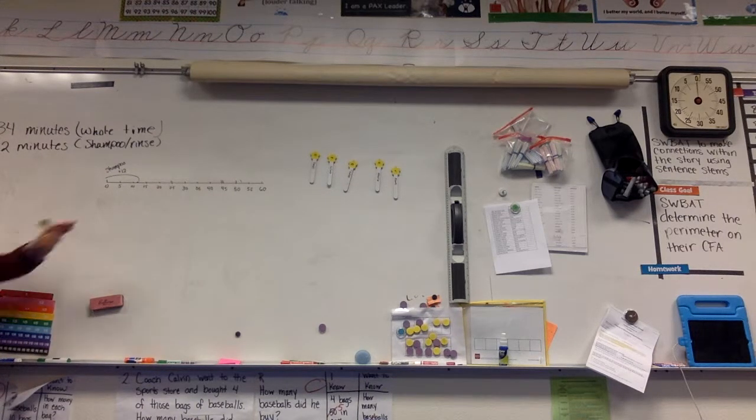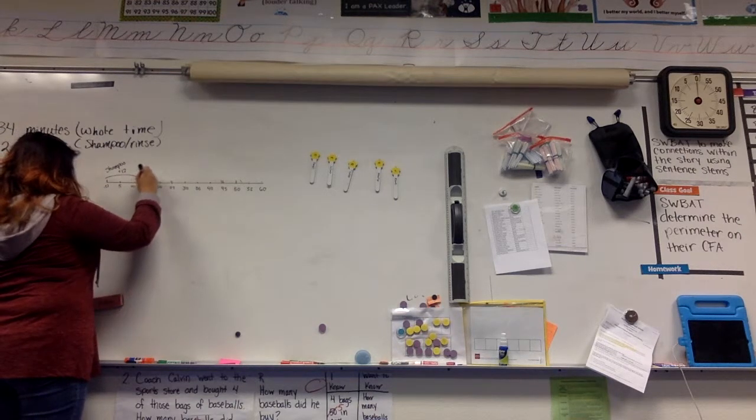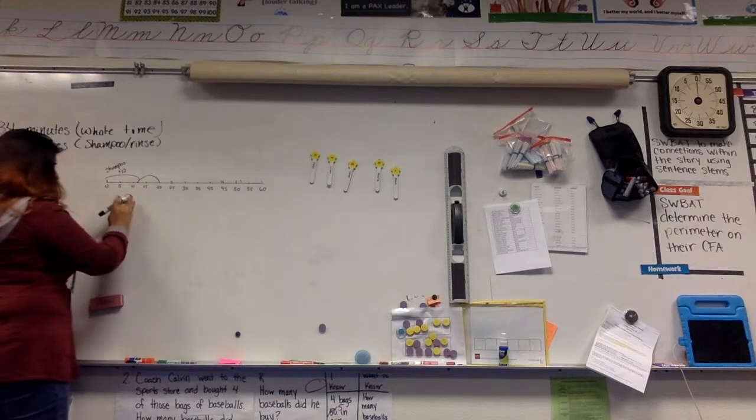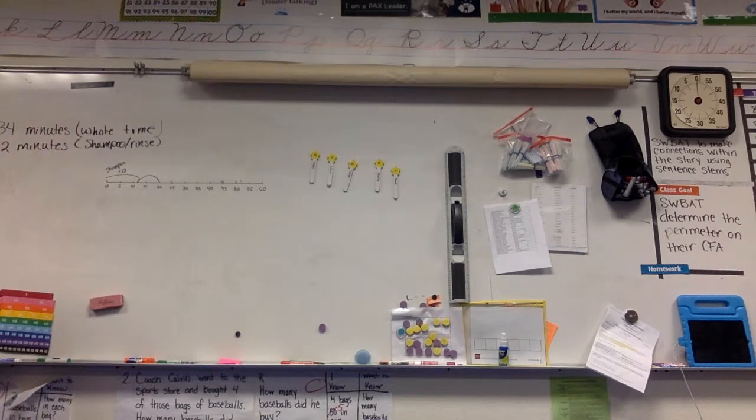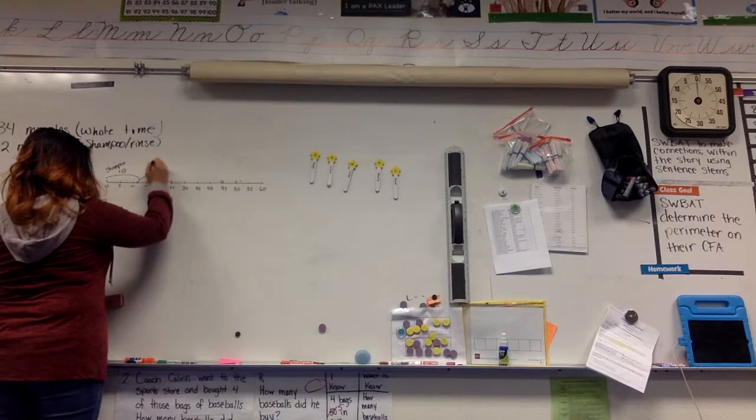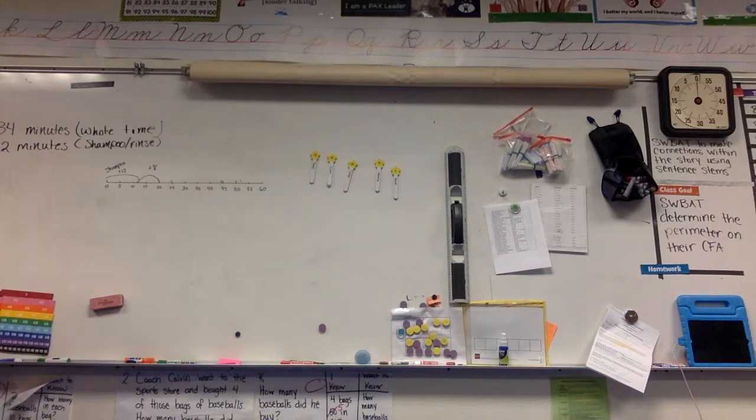Let's come up with a friendly number. So, how much to get to this next 10? We're at 12. How much to get to the next 10, Jade? 8. Fantastic. Okay, 8 to get to the next 10.